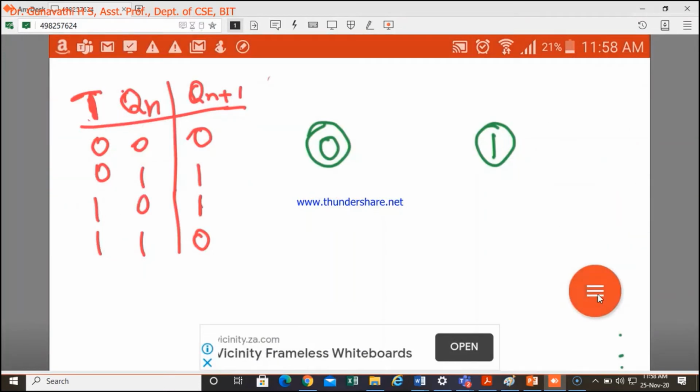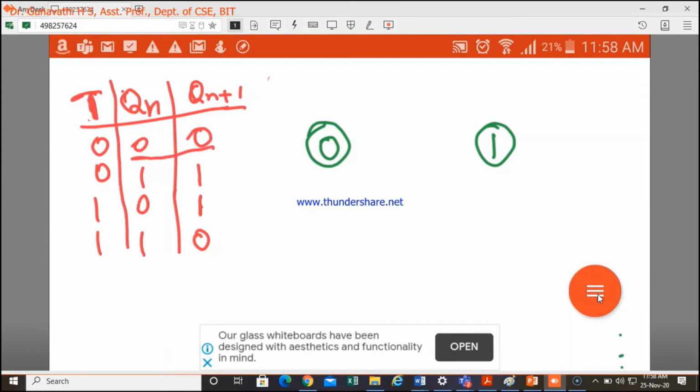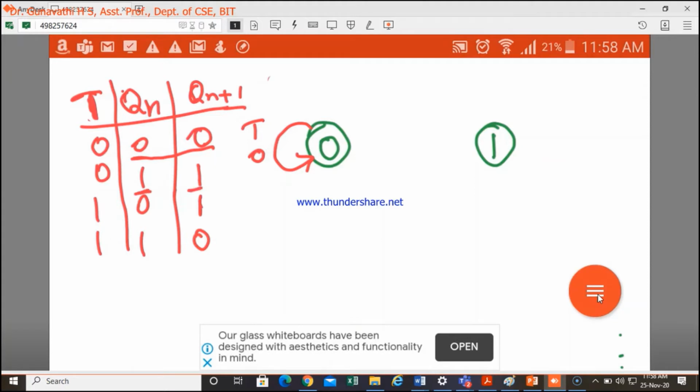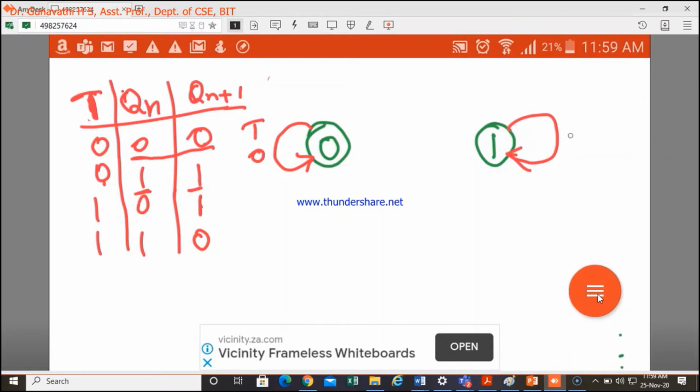Okay, just observe here. So output is 0. I was in 0, I get 0. The arrow mark is important. I was in 0, I get 0 when my T input is 0. I was in 1, I'll get 1 when it is 0.